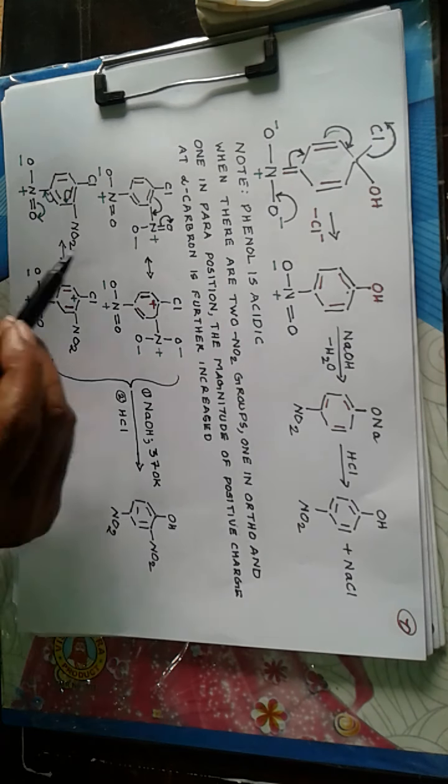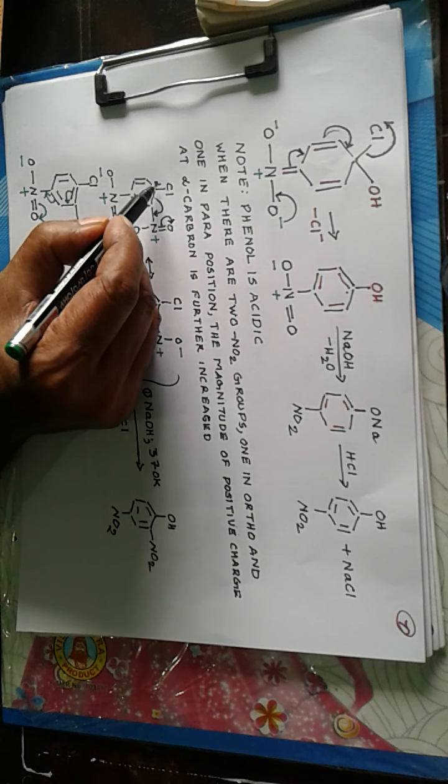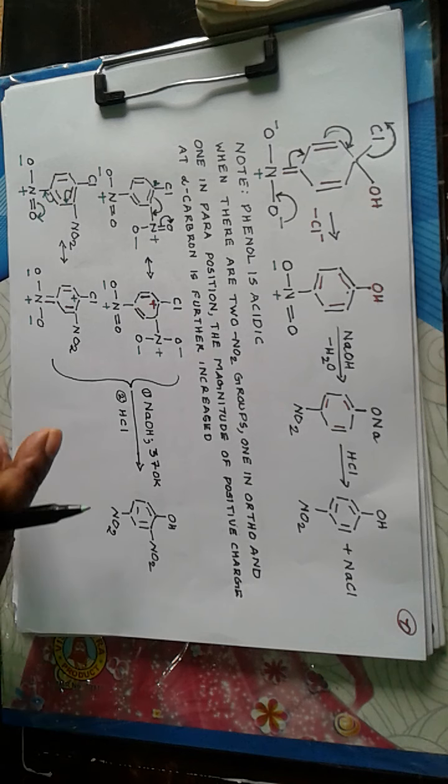Now suppose we are having two nitro groups, then the partial positive charge at the alpha carbon is increased in magnitude. Then a still milder condition is only required for removal of Cl by OH.